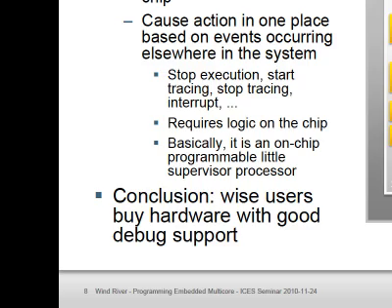Cross-triggering is another approach that we can leverage, and this cross-triggering relies on the events that are collected in the tracing logic. It can stop the execution once an event happens, or restart the tracing if another event appears.